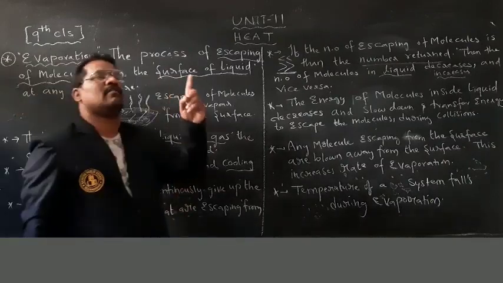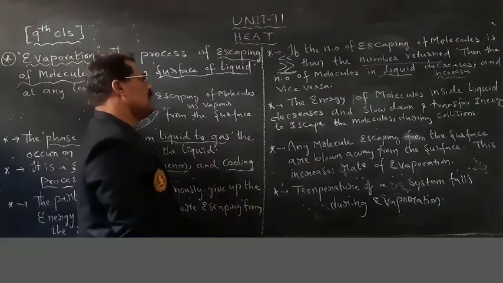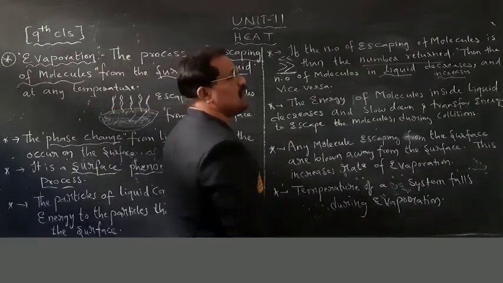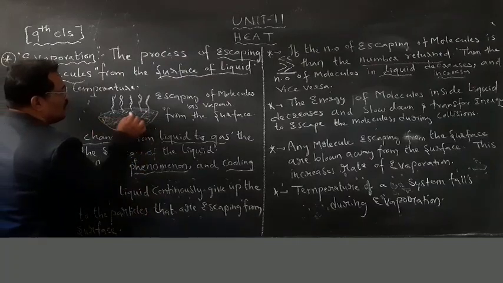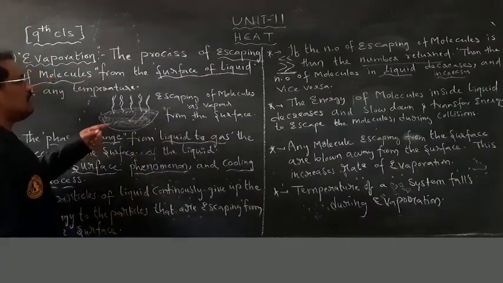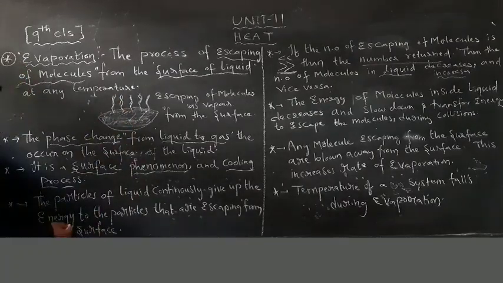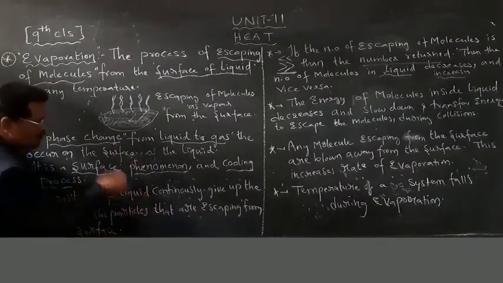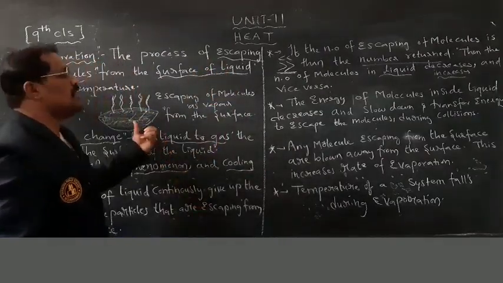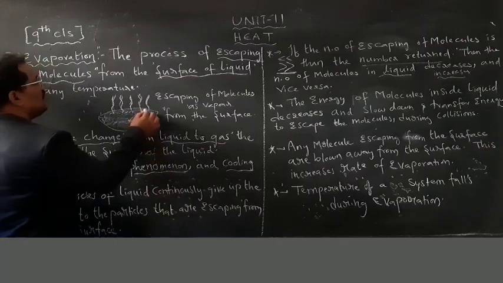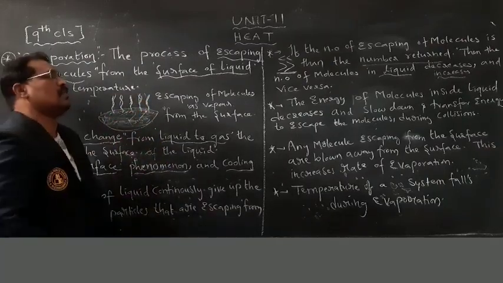That particular point we also have to keep in our mind. The next point is the energy of the molecules inside the liquid. See here, as the molecules return, if the energy of the molecules inside the liquid is decreasing, here we are seeing clearly that energy is applied to the molecule. If the applied energy gradually decreases within the molecule, then what happens? The process of evaporation will slowly slow down.